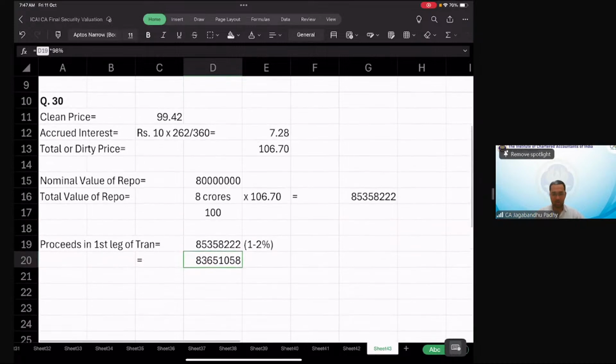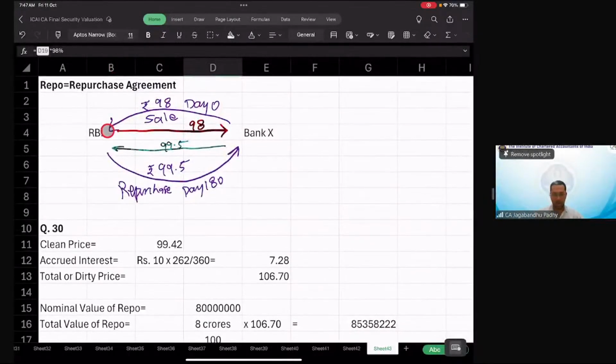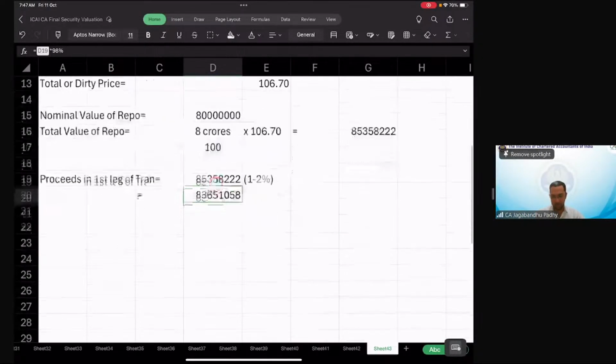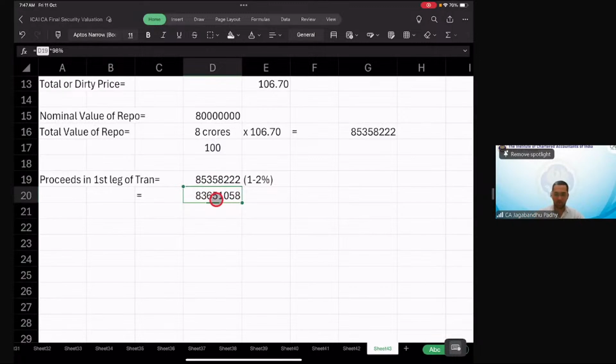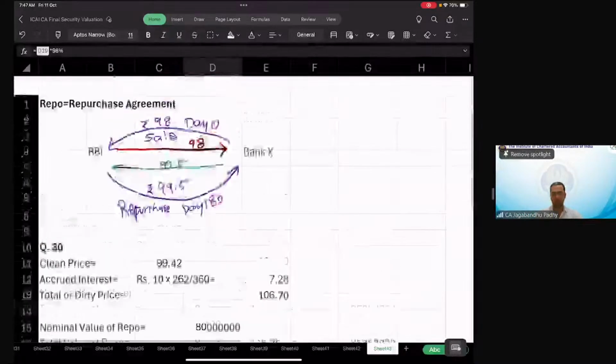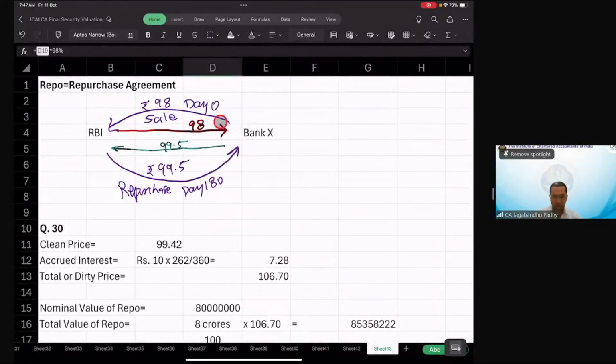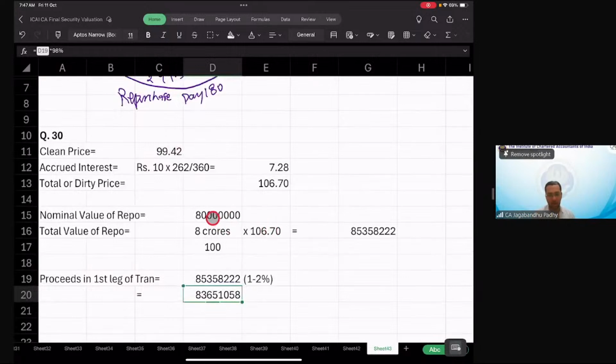So you can say that RBI is going to give this amount, 8 crore 36 lakh 51,058, to Bank X against receipt of 8 crore nominal value of the repo.